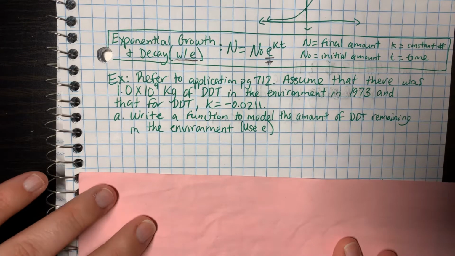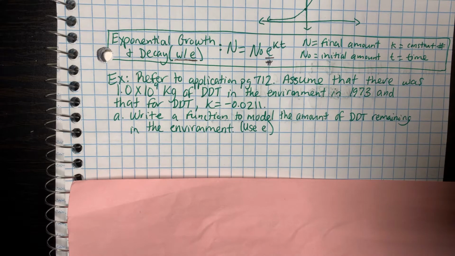All right, example. Refer to the application on page 712. So let me read that to you. This is about medicine and relating it to e. Swiss entomologist Dr. Paul Mueller was awarded the Nobel Prize in Medicine in 1948 for his work with the pesticide DDT. Dr. Mueller discovered that DDT is effective against insects that destroy agricultural crops, mosquitoes that transmit malaria and yellow fever, as well as lice that carry typhus.